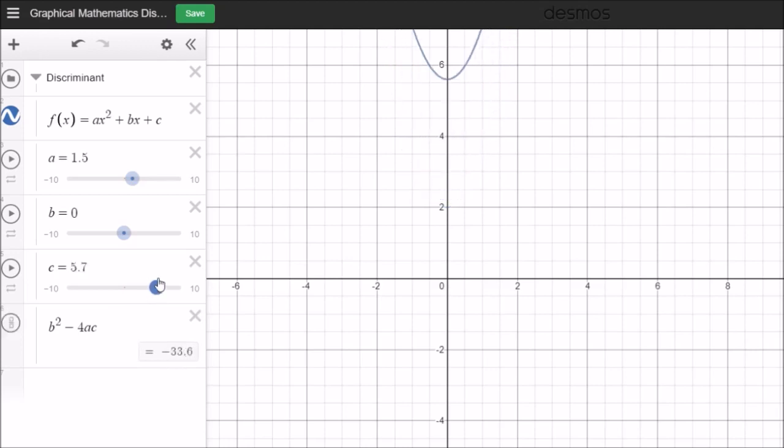So as long as it's above the axis here, that value of the discriminant is negative. But whenever the function crosses the axis, you see the discriminant becomes a positive value. And whenever it actually sits on the axis, you'll see that the discriminant is a value of 0, exactly as we've just seen.